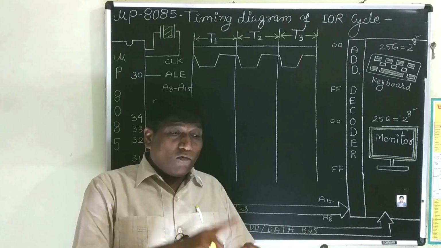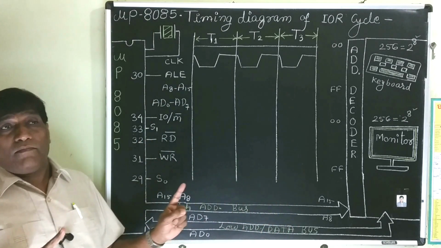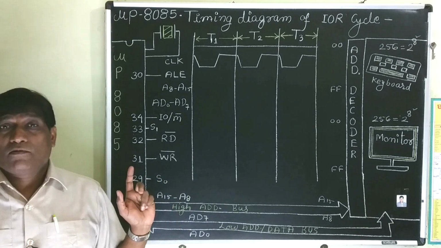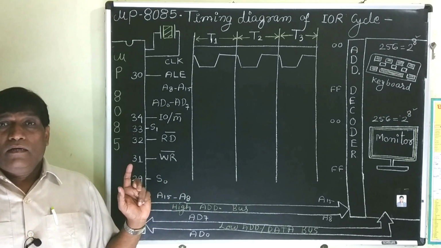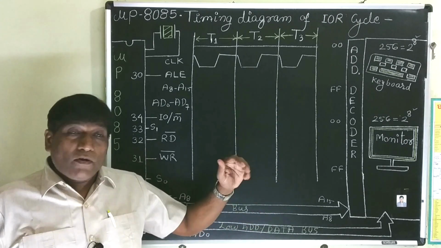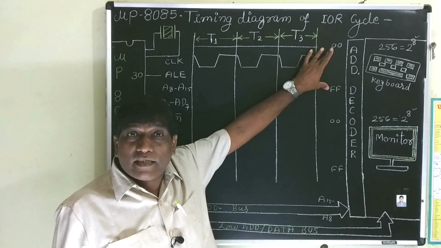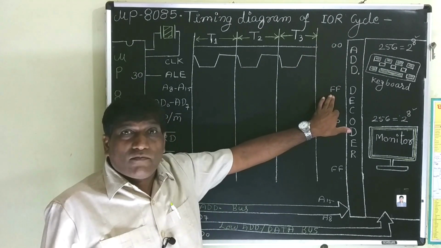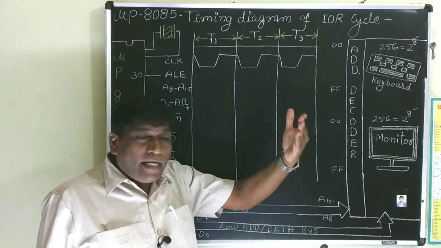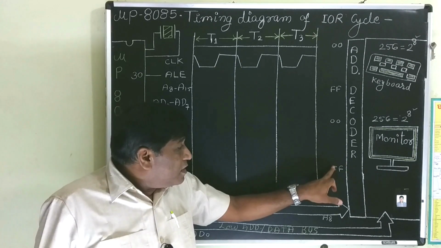That means 256 plus 256, 512 devices can be connected with the microprocessor. But if only 8 address lines are used, how are these differentiated? Whenever we read from input devices 00 to FF and whenever we write to output devices, the address is again the same.